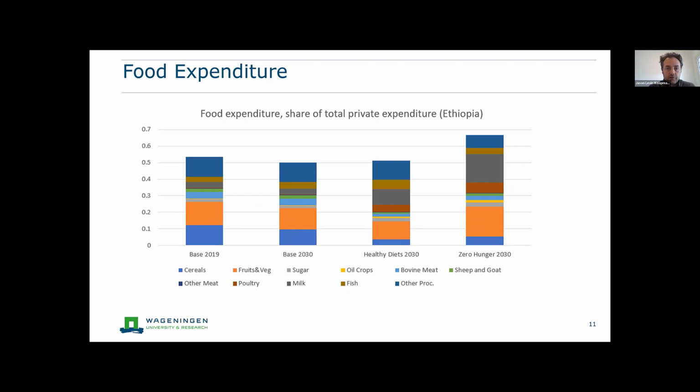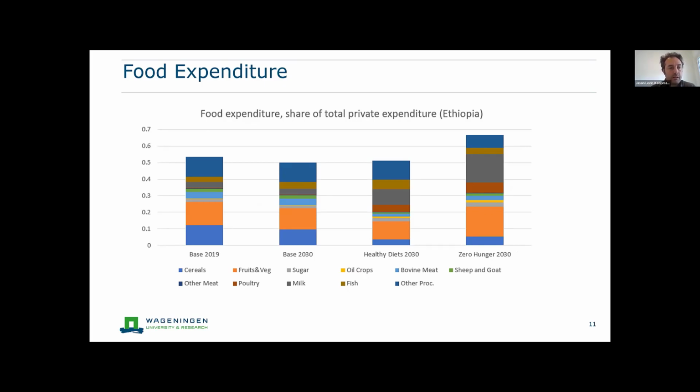So this slide then shows the food expenditure, and this is the share of total private expenditure. So each column is the total food expenditure as a share of total private expenditure.